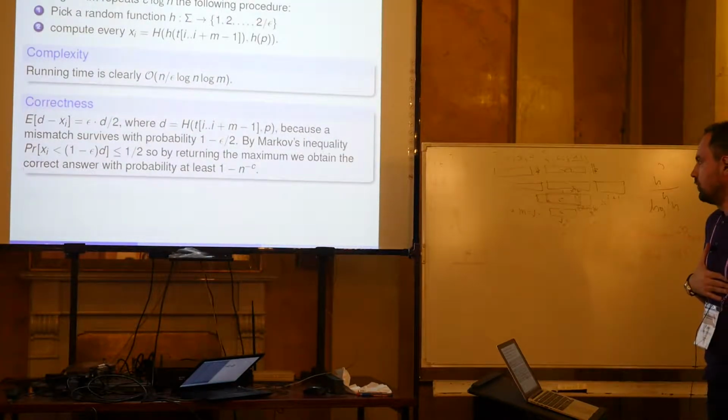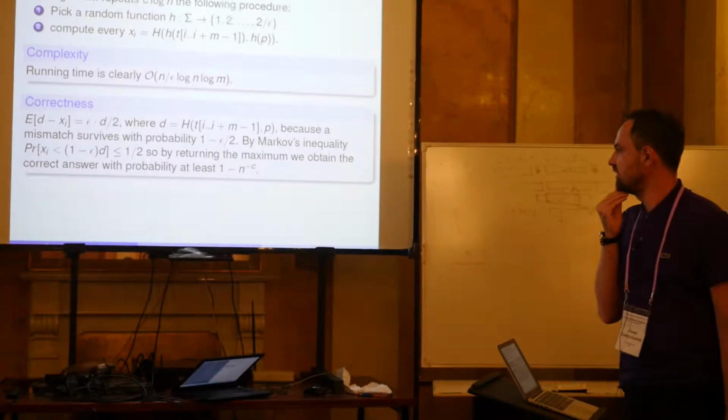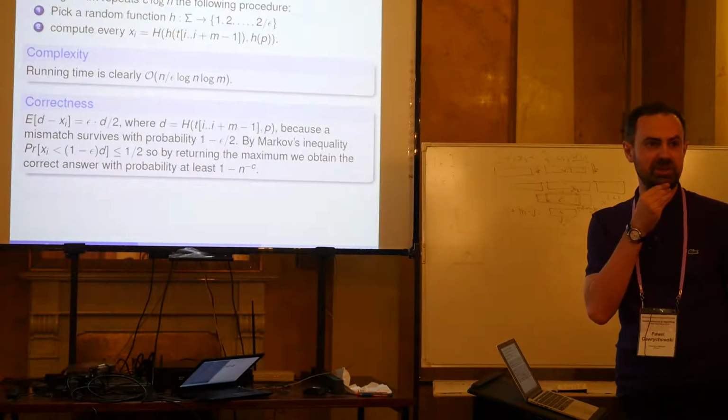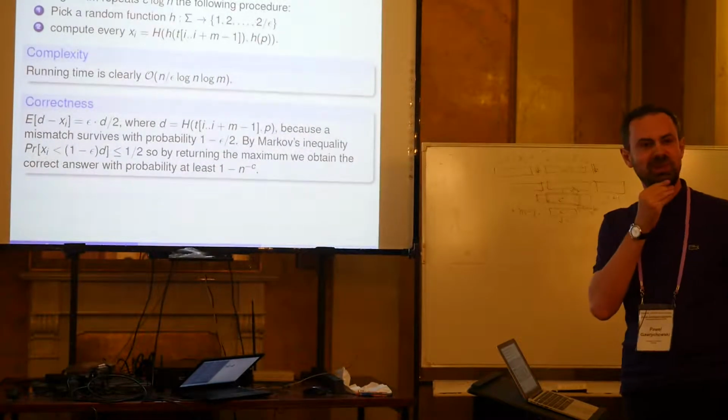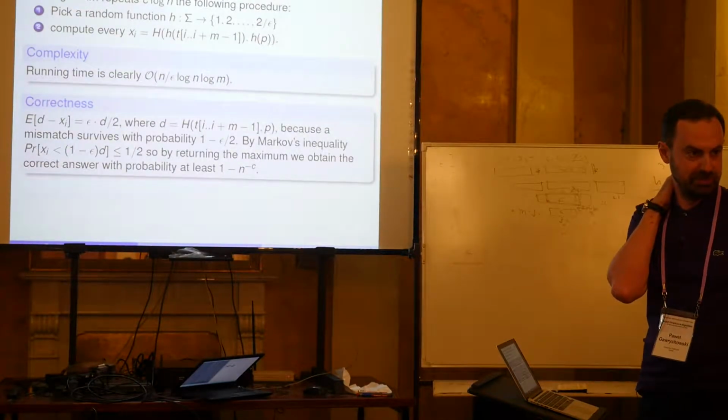Okay, but now the question is, I bound the error only from one side here, right? I only bound the chance that I will get too few mismatches. But can I get more mismatches? No. So there is no need to bound from the other direction.